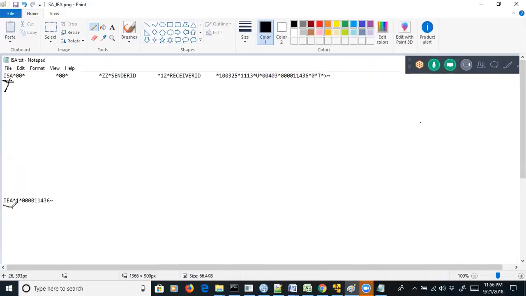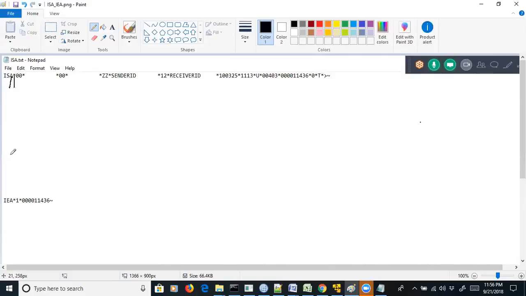This is your interchange trailer. First is your segment identifier. Here the segment identifier is ISA, for the interchange envelope header, the segment identifier is ISA.